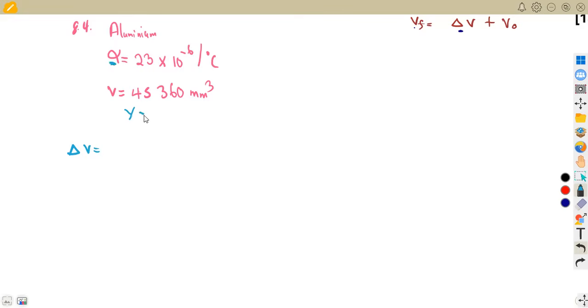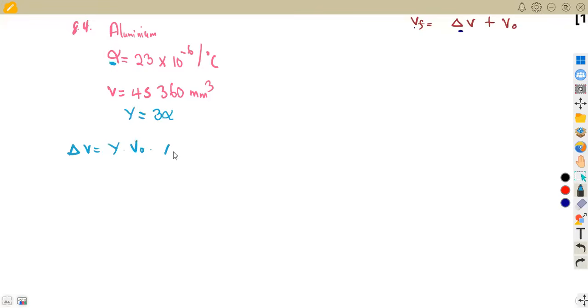So meaning our gamma, which is the volume expansion, is going to be 3 alpha. Remember, I talked about this before. So we can now use our formula with this in place of gamma, because it was supposed to be gamma times the original volume times the change in temperature.